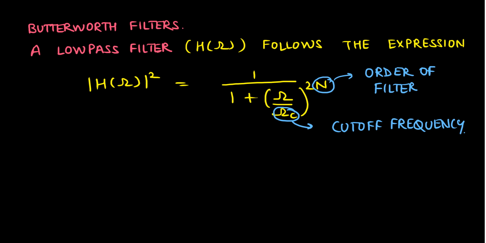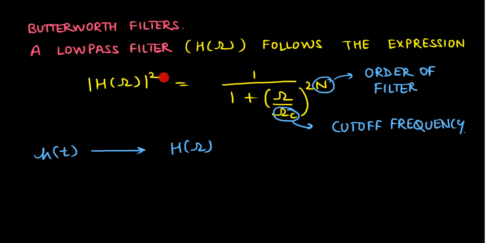And this H of omega is the Fourier transform of the impulse response. That is, suppose the impulse response is h of t, then its Fourier transform is H of omega, and if it follows the expression mod of H of omega squared is equal to 1 upon 1 plus omega divided by omega c to the power 2n, then this h of t is an nth order low pass filter of cutoff frequency omega c.